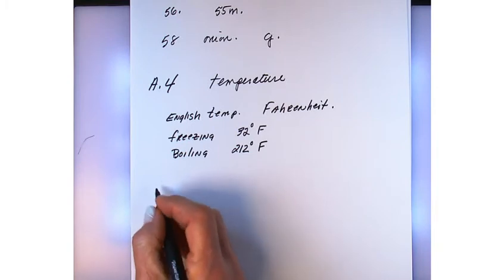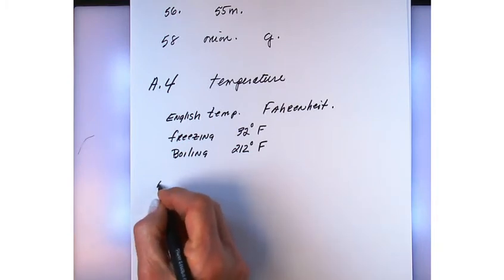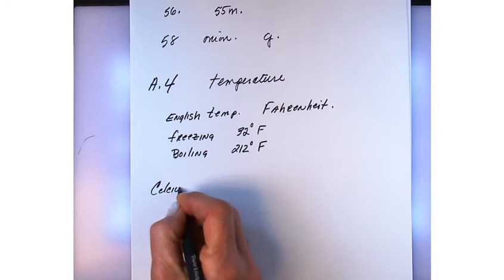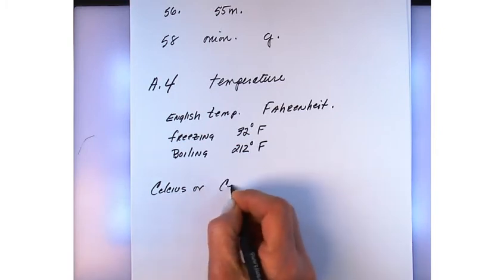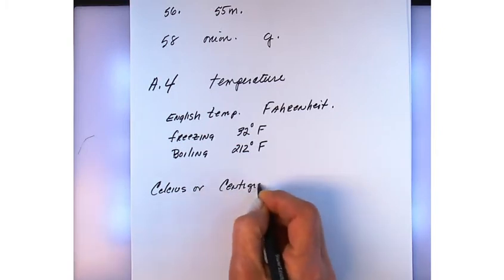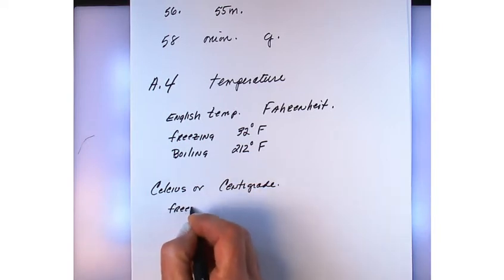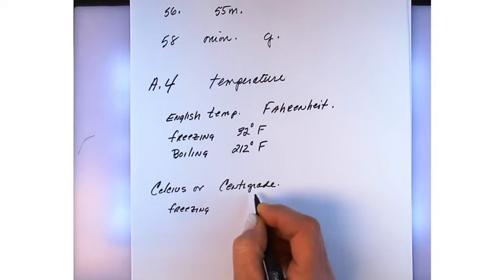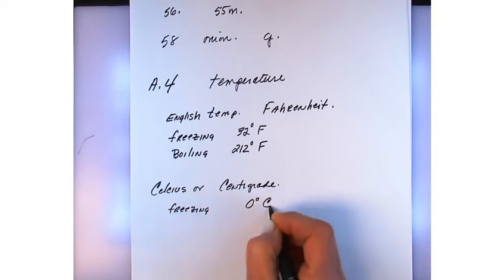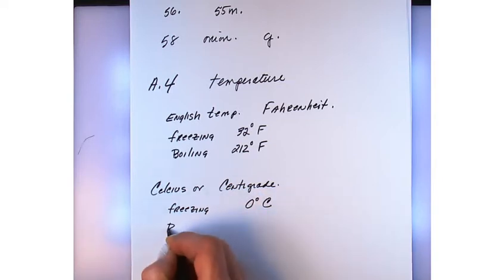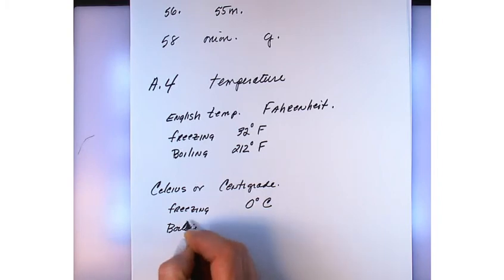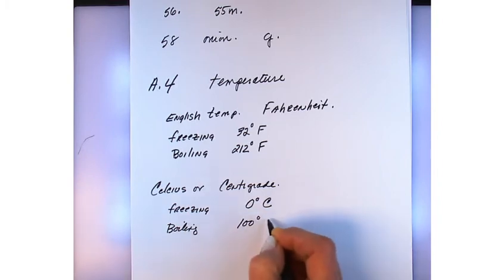Now, in the metric system, we have what we call Celsius or centigrade temperature, and freezing is 0 degrees Celsius, and boiling is 100 degrees Celsius.